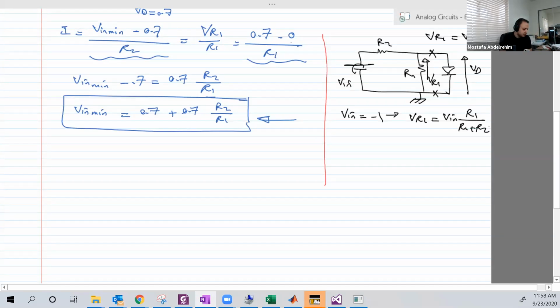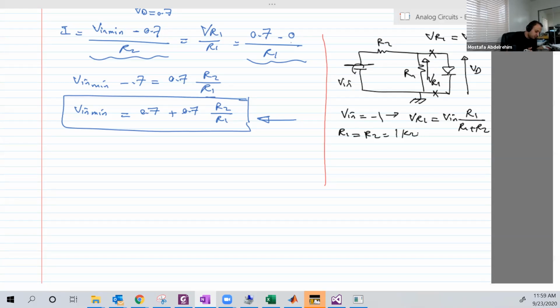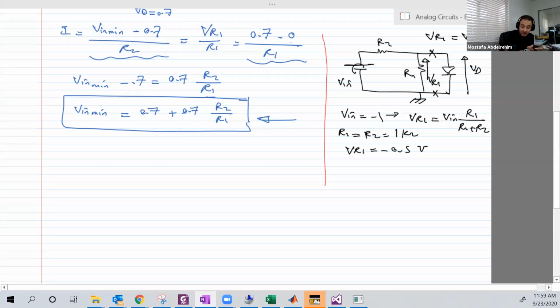So assume that R1 is equal to R2, whatever the value is, 1 kilo, but the value is not a matter of concern. So in that case, VR1 equals -0.5 volt. Is that enough voltage to turn the diode on? No, of course. In that particular example, VD would be -half a volt. So it's off. It's really off.